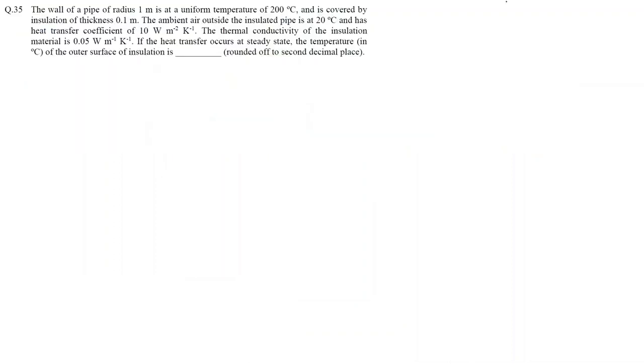So the general schematic will look somewhat like this. Here we have the pipe, and the internal temperature we have been given is Ti, that is 200 degrees Celsius, and the radius R is 1 meter. Then we have an insulation.